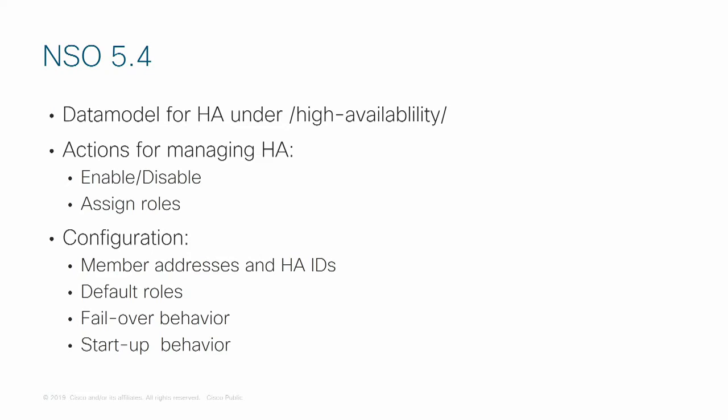And you can assign default roles in the configuration. And there's various configuration settings for failover behavior and startup behavior. As of NSO 5.5, we have also included alarms, which was previously handled by the package and is now included in the system.